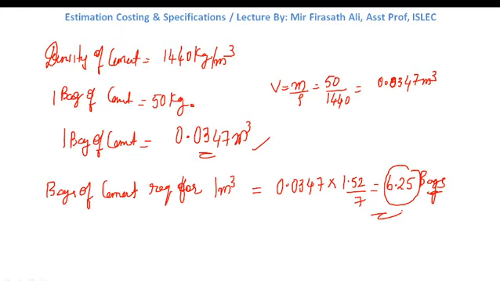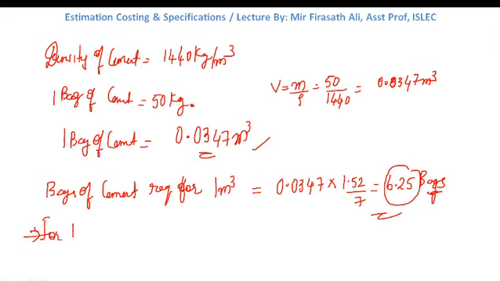And when we come to the bricks concept, for brickwork, 500 bricks are required for 1 meter cube of construction. These are nothing but our traditional bricks.